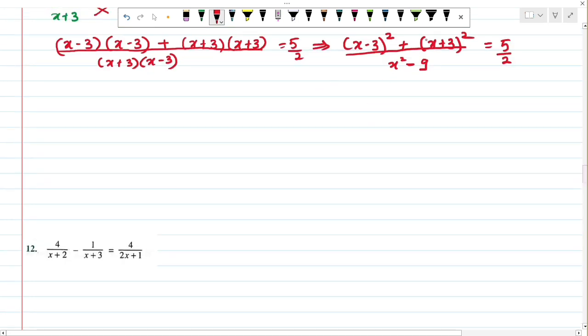So now we will cross multiply both of them. Here we will get (x minus 3) whole square.